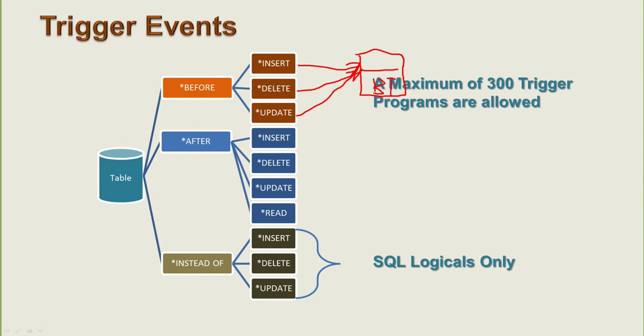And there's a very, very simple reason for that. Before triggers are primarily designed to validate information or data before it is allowed to go into the table in the database. That is the typical requirement or action of a before trigger.